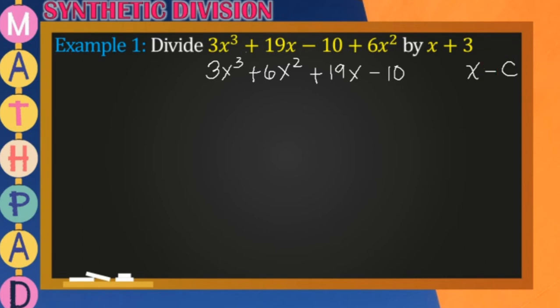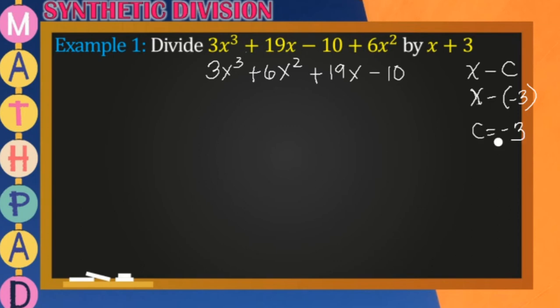So, yun ang kukunin natin. Now, paano natin isusulat sa x minus c form? So, that will be x minus negative 3. Diba? Kasi negative times negative is positive. Okay? So, therefore, yung value ng c natin dito is negative 3.